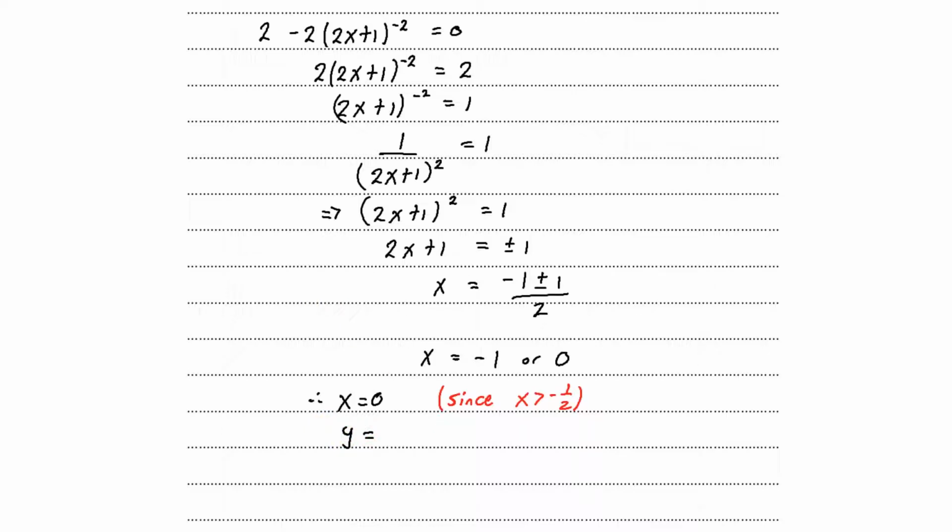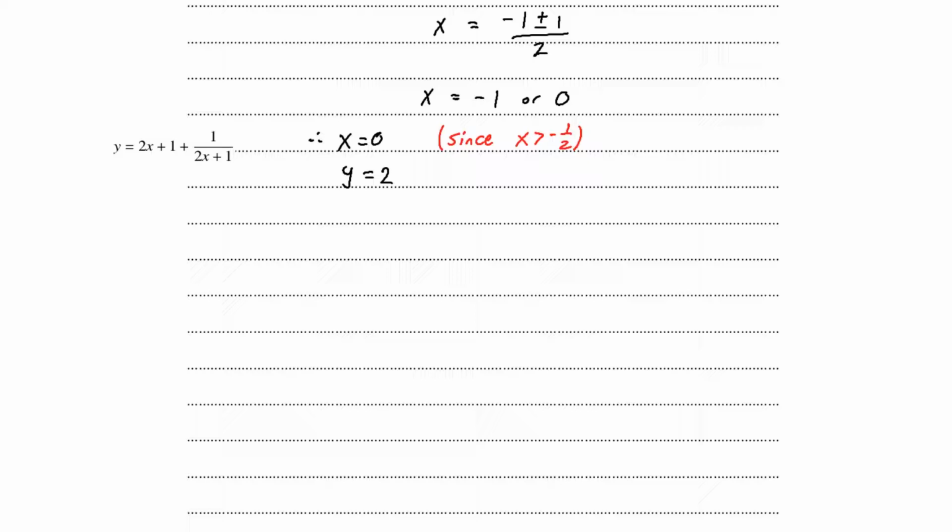If we substitute 0 into the original equation, y comes out as 2. So we now know that the stationary point is the point (0, 2).